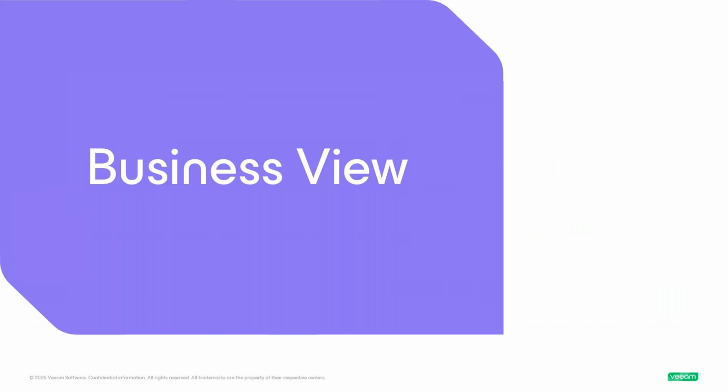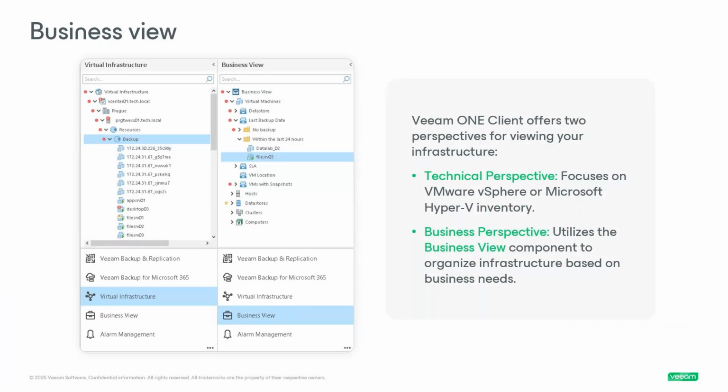So business view is another view, like we've discussed the Veeam Backup & Replication, the Veeam Backup 365, the virtual infrastructure view, of course, and alarms. The business view is another one. It allows you to abstract groups of VMs or workloads or really any of the different types of objects that you can see here into one unit, based on a technical, business, or use case perspective.